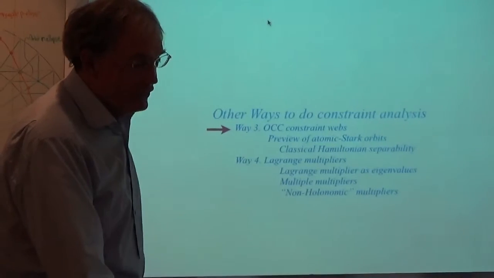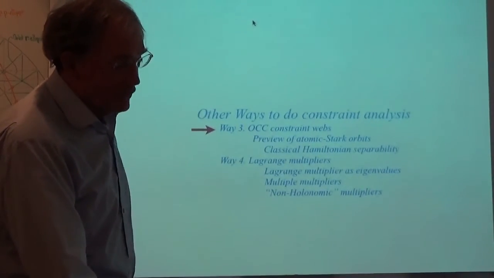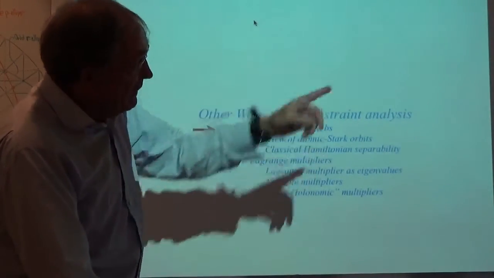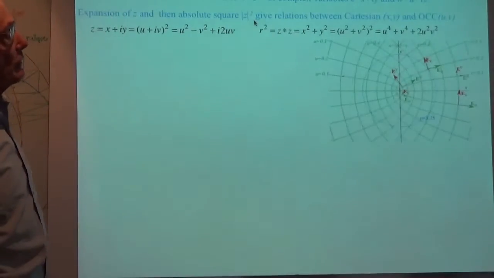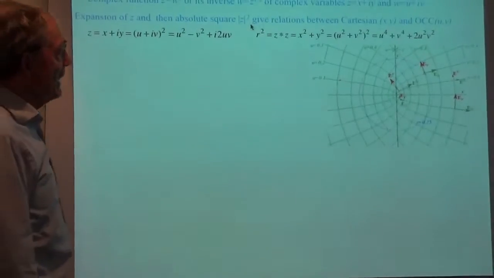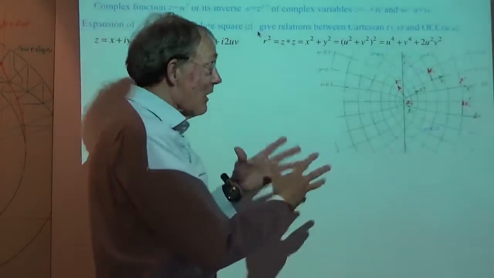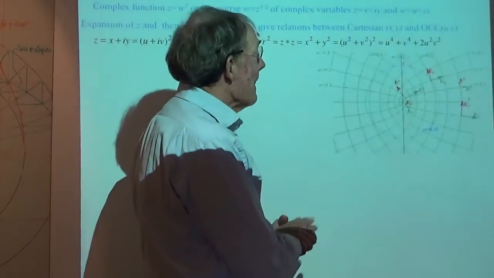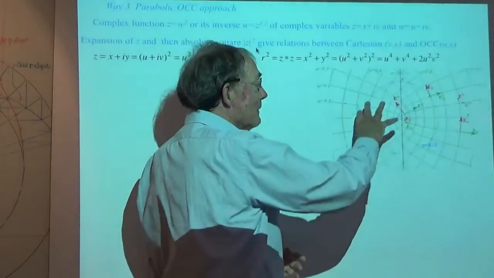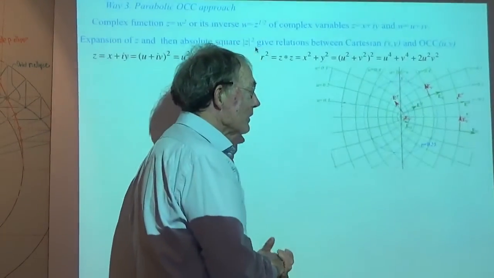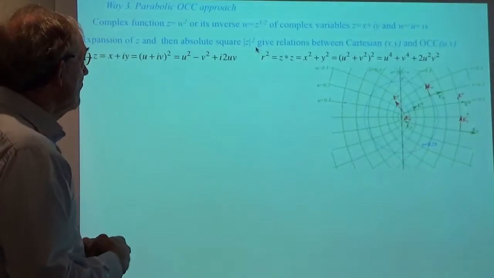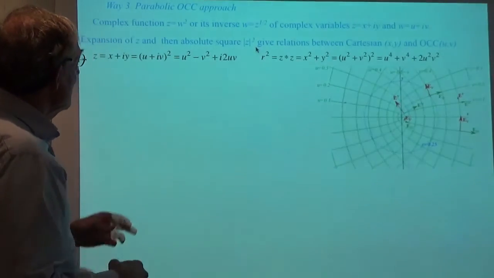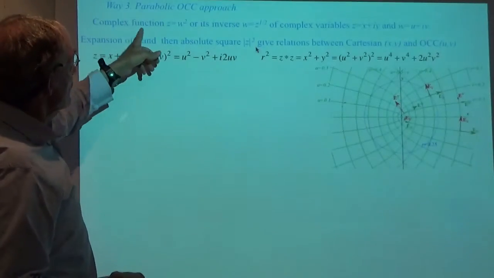All right, now here's another way. Way 3 is to use an orthogonal curvilinear coordinate system that has our constraint in it, a parabola. We've already looked a little bit at a coordinate system made entirely of parabolas. In fact, orthogonal parabolas. This was one of our favorite complex variable functions.